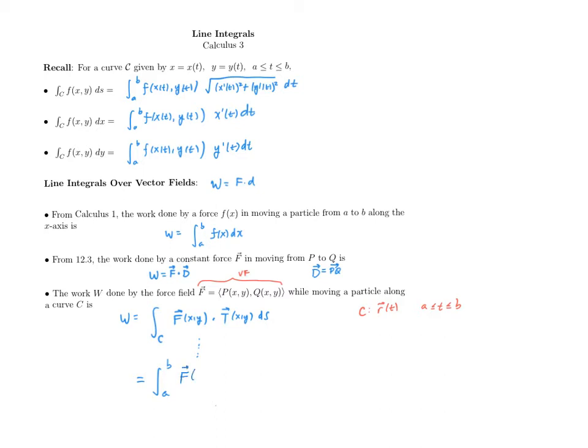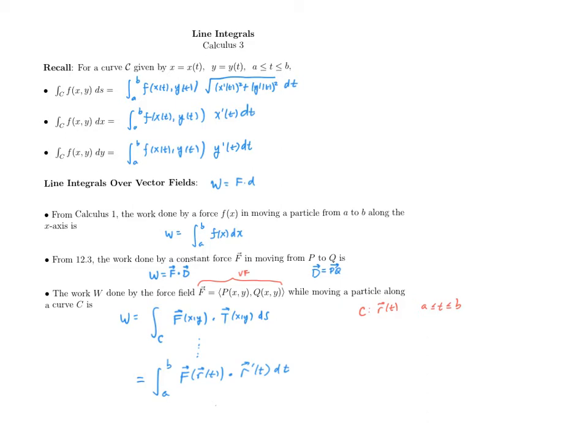So notationally, we'll say f of r of t, and then we dot it with r prime of t dt. And let me just emphasize once again, we've left out details, which you can certainly find in the textbook, and let me know if you have questions.